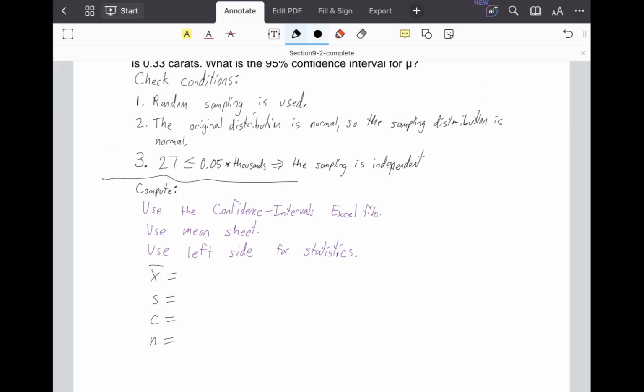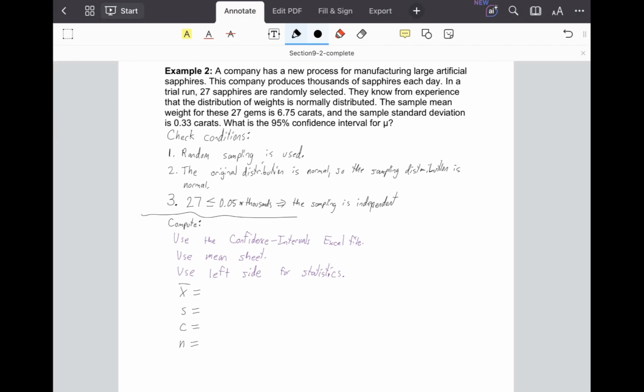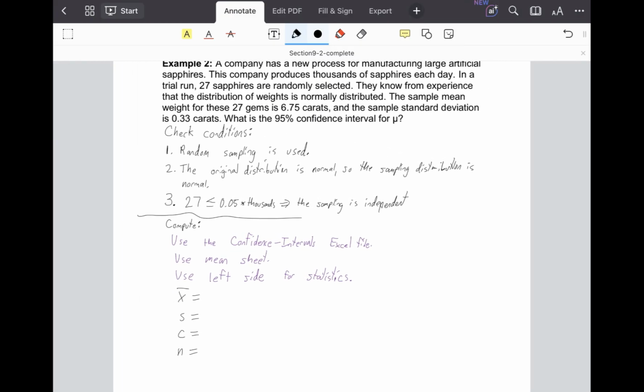Okay, so going back, we can identify what they have given us. Just reading through it, the 27 sapphires are randomly selected. That's the sample size. The sample mean, they say, is 6.75.